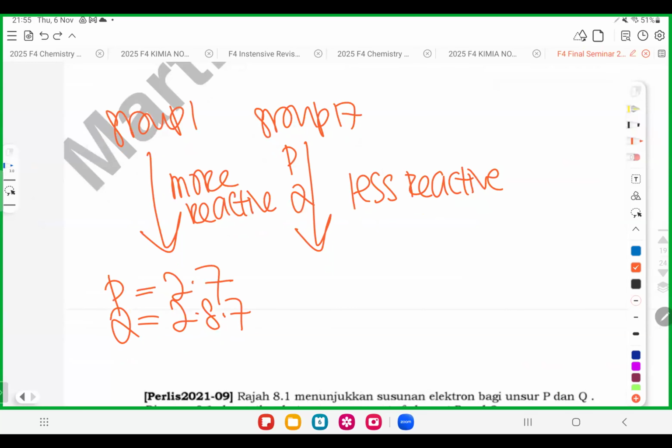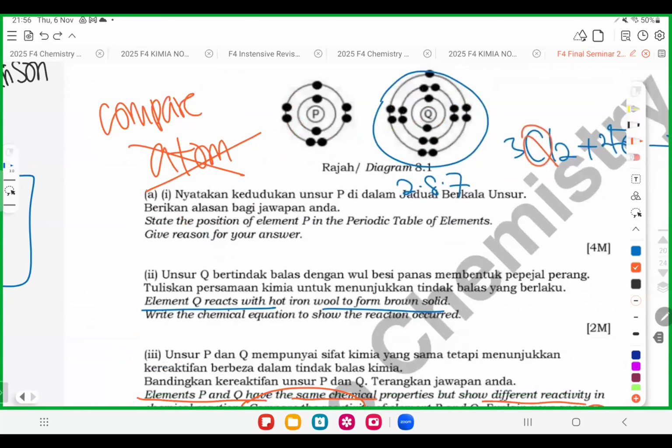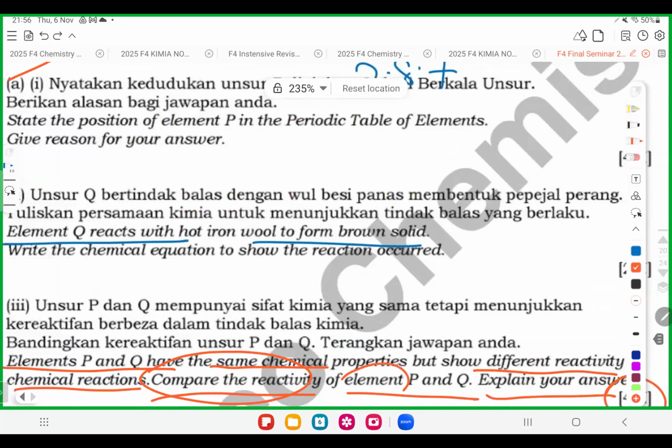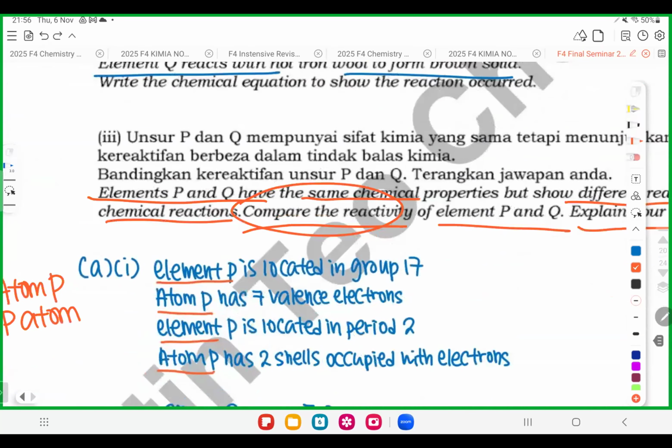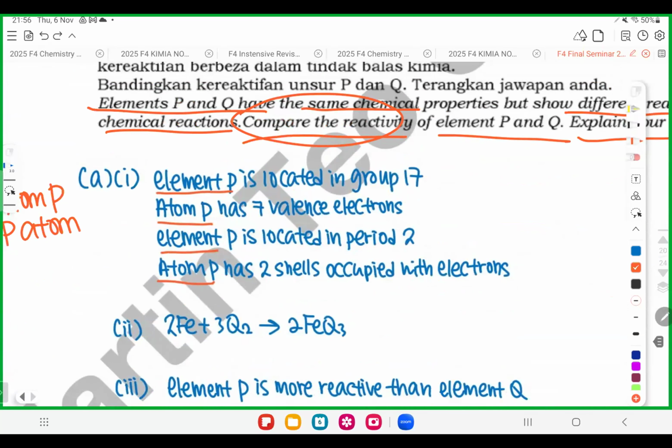So you can say Q is less reactive than P, or the other way around. P is more reactive than Q also can. So when you compare the reactivity, you can just use P and Q, or you can follow what they have here, element. So you can say, element P is more reactive than element Q. For me, very easy one. They put element, I copied it. But even some people say, Mr.